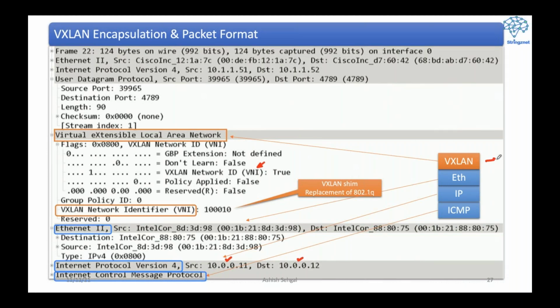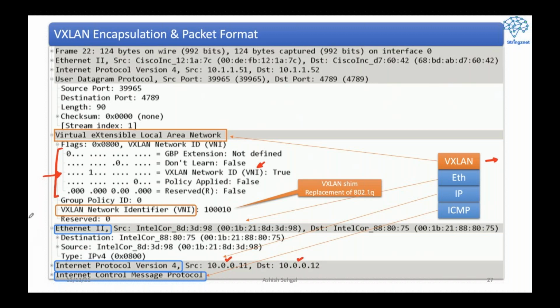Guys, in the next class, on Tuesday, not Monday, we are going to look into the anatomy of the VXLAN header: the total size of the VXLAN header, and what the internal components inside it are. One important component is the VNID.